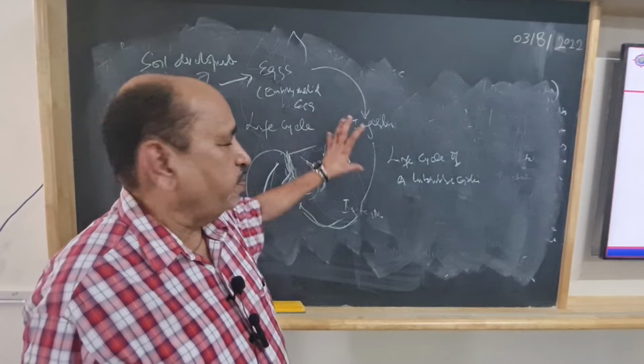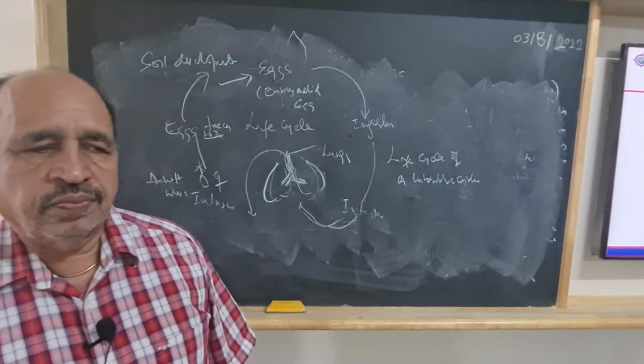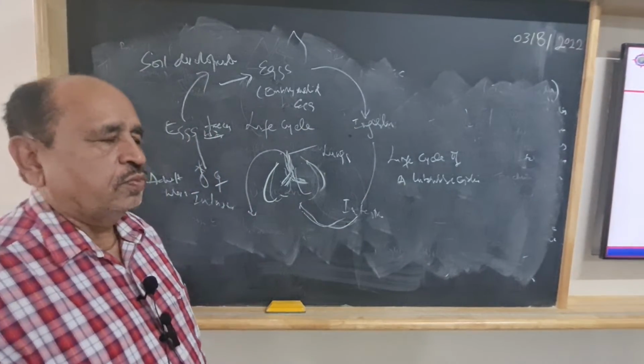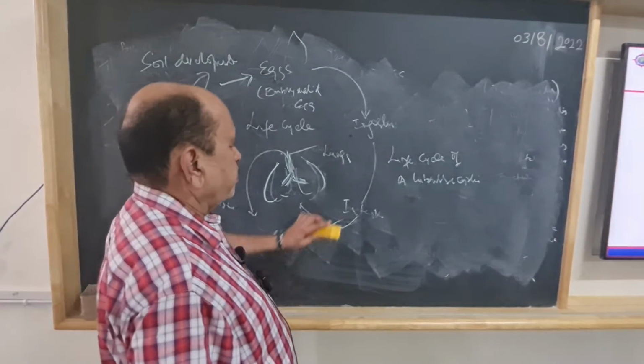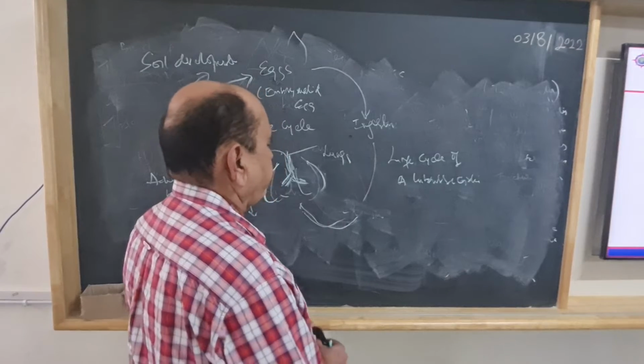This is a simple way to remember the life cycle. Okay. Only, you should not end in the intestine here. You should take it to the lungs and bring it back to the intestine.